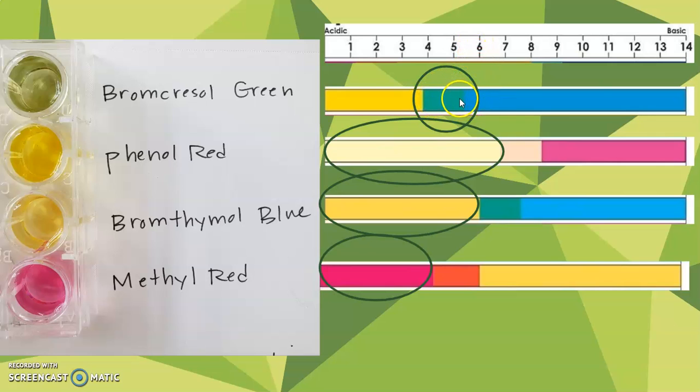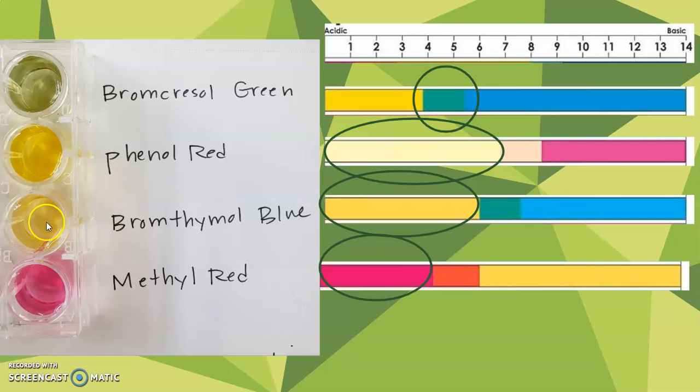So somewhere maybe between a 4 and a 5 or a 4 and a 6, I'd write that down. Looking at phenol red here, it is definitely a yellow color, and in our range, this yellow goes from about a 0 all the way over to about a pH of 7.